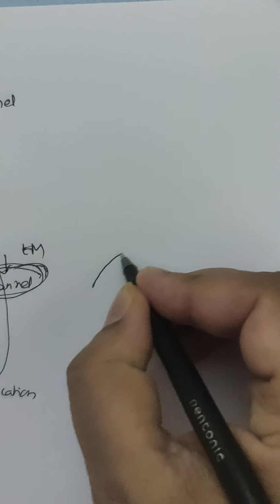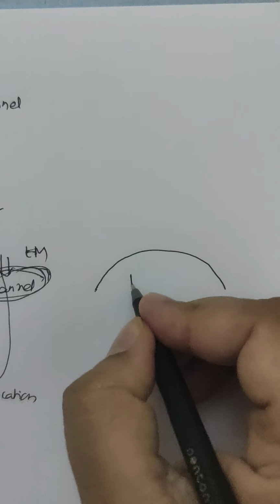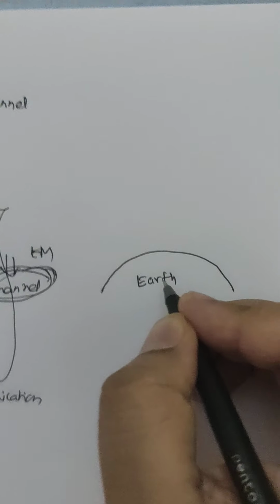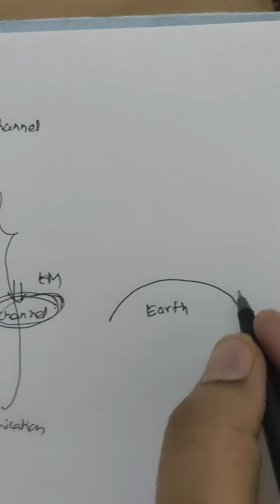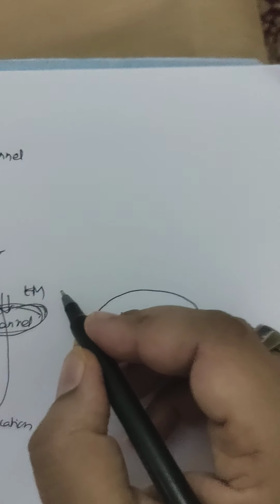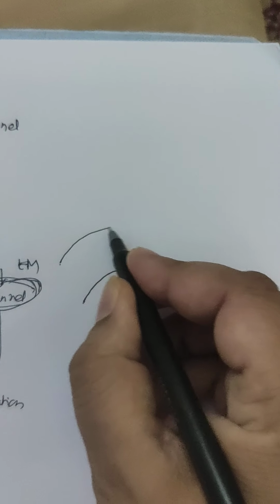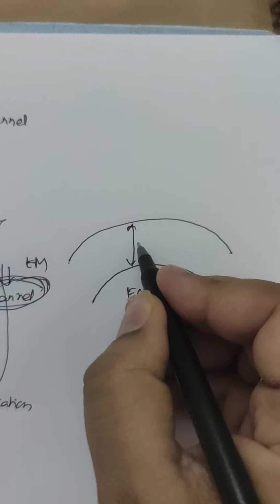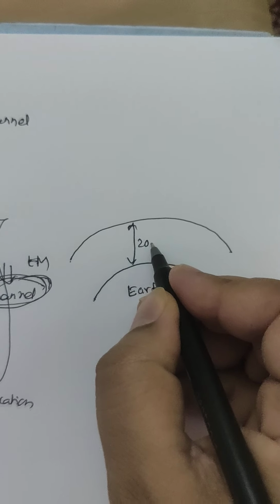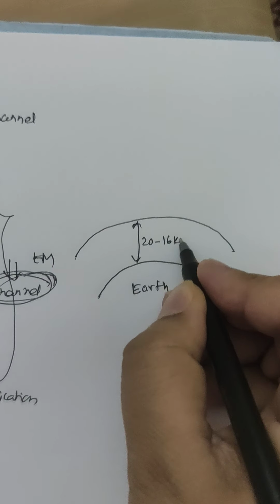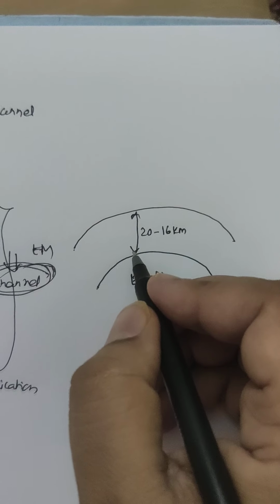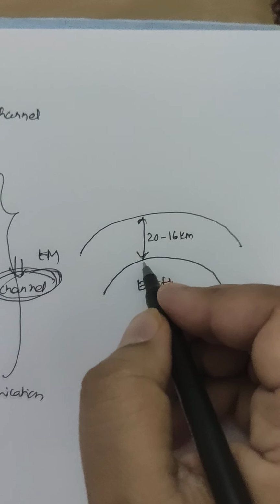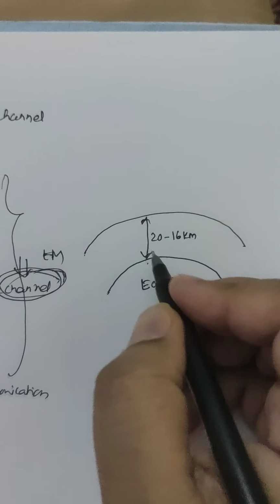Consider this is our earth, spherical like this, and there is a layer just above, around 16 to 20 kilometers above the surface of the earth.